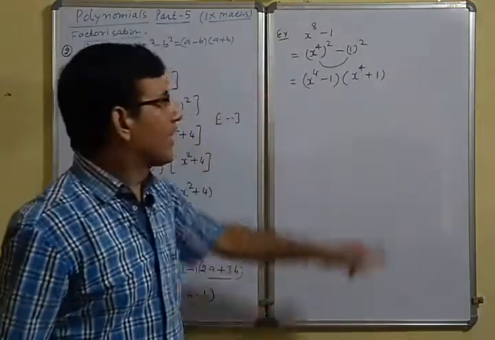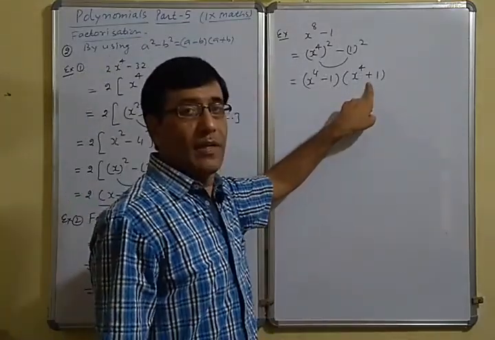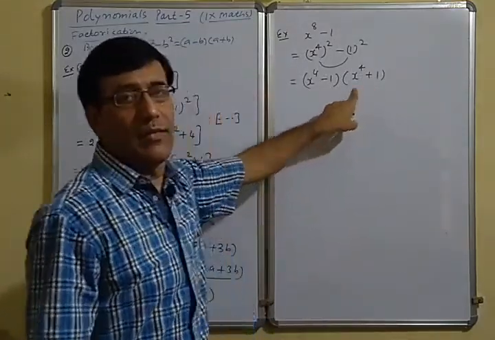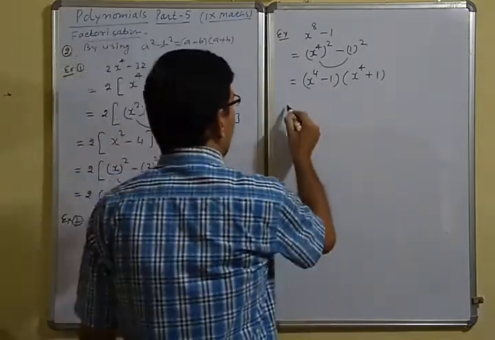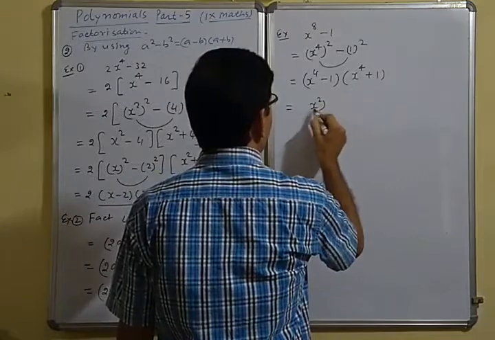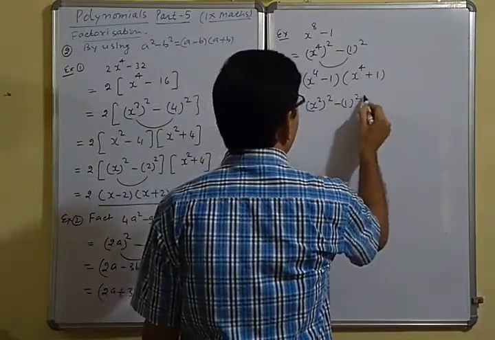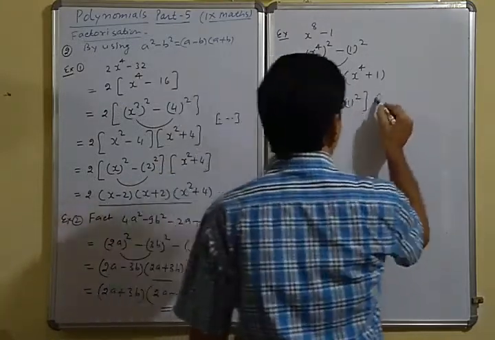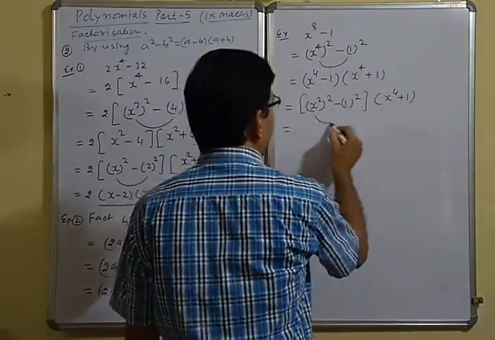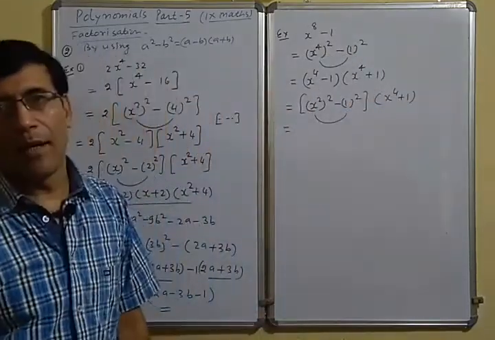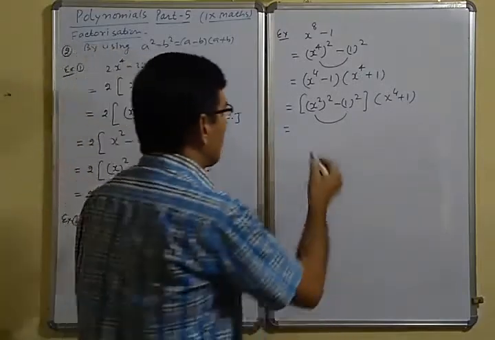So once again this cannot be factorized. Here it is plus sign and this is x4, so we cannot factorize it. Now this can be factorized once again. So we can write it as x square whole square minus 1 whole square, and other bracket this is x raised to power 4 plus 1. So once again here we'll use the formula a square minus b square.